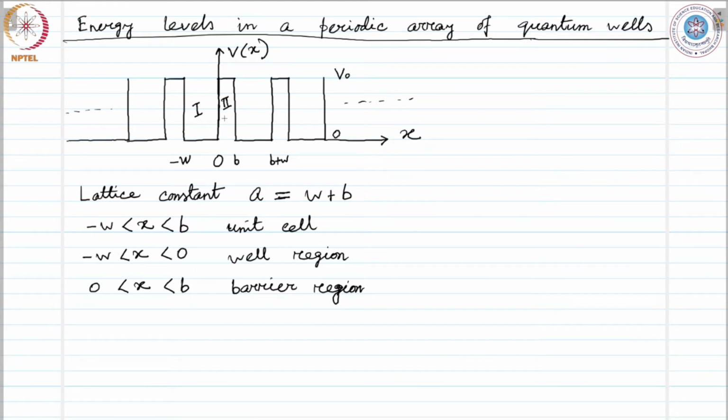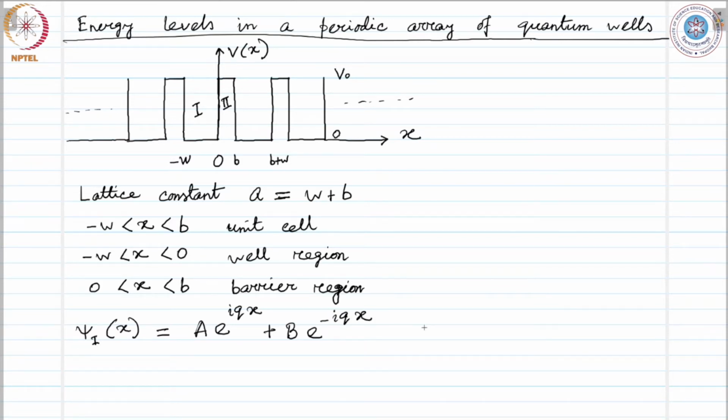So the solution for wave function for region 1 can be expressed as A e power i q x plus B e power minus i q x.